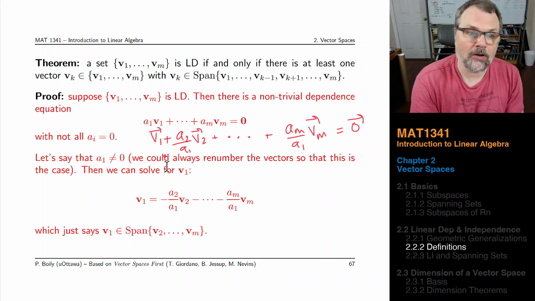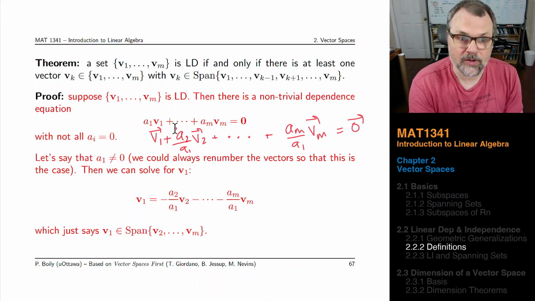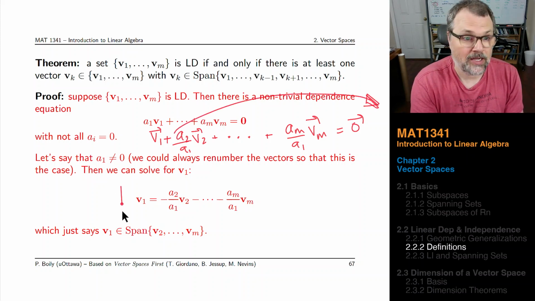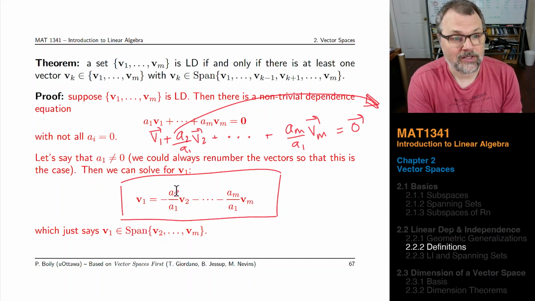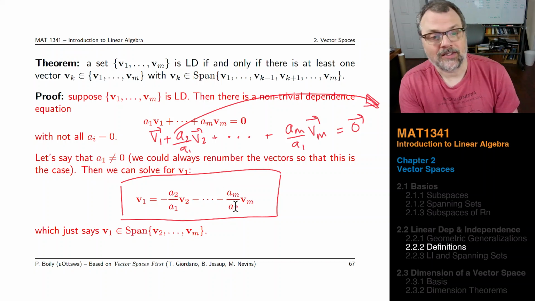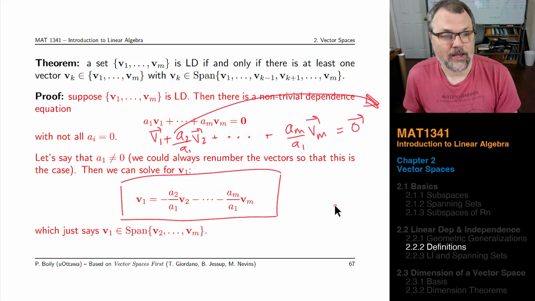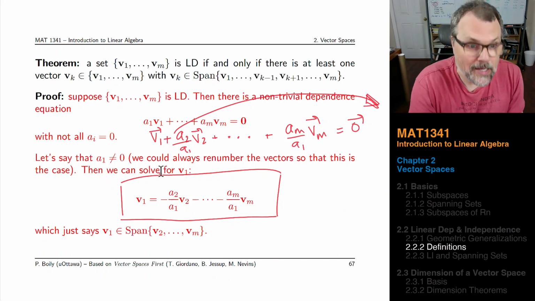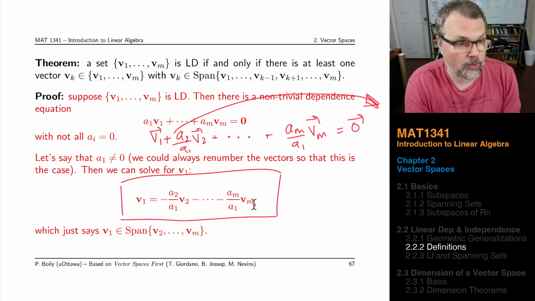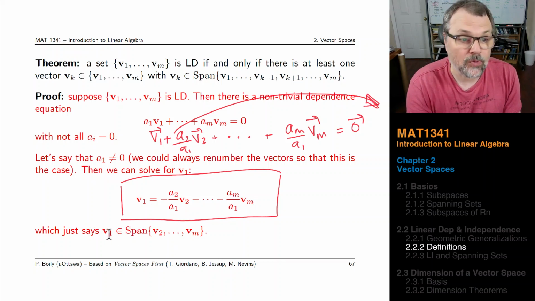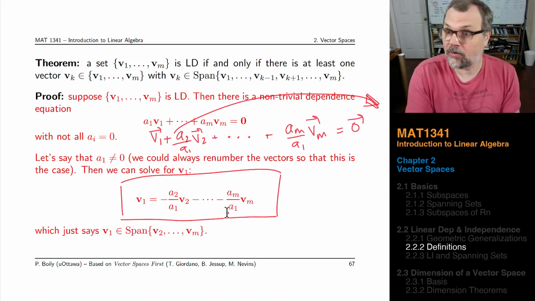And then I take all of the other terms apart from the v1 and I just send them to the other side. So I subtract them. And I end up with this. v1 can be written as minus a2 over a1 times v2 minus all the way up to minus am over a1 times vm. Well, that's a linear combination of the vectors v2, v3, v4 all the way up to vm, and so v1 is indeed in the span of the other vectors.